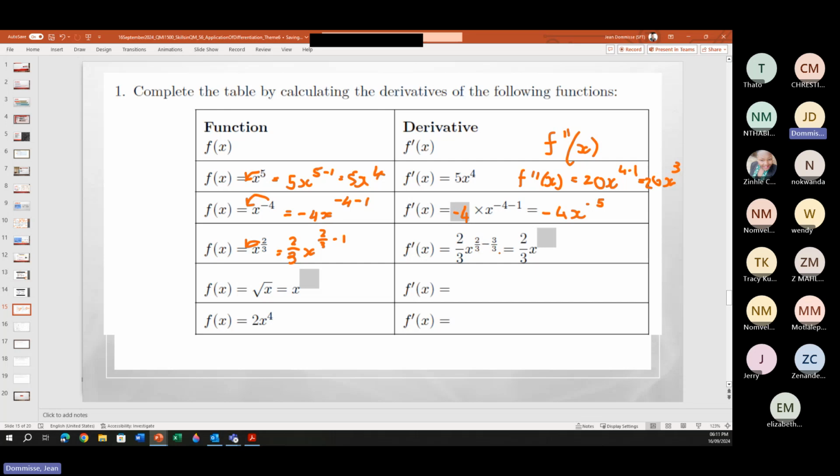So they made it simpler: let's convert the minus 1 into a fraction so that we can use that again. So 2/3 minus 3/3. 2 minus 3 is minus 1, so it will be minus 1/3.